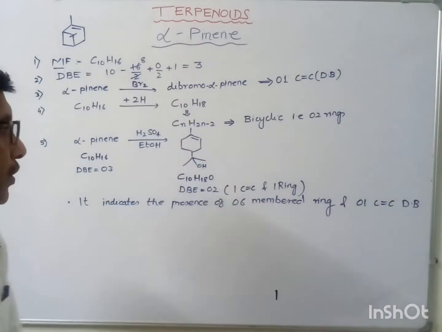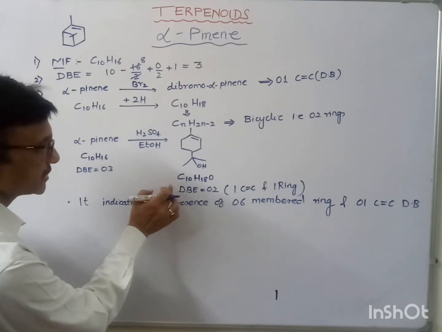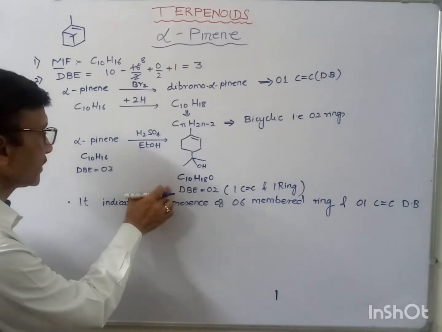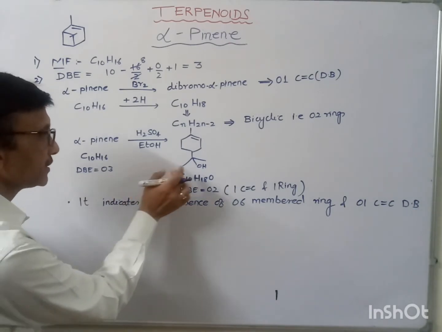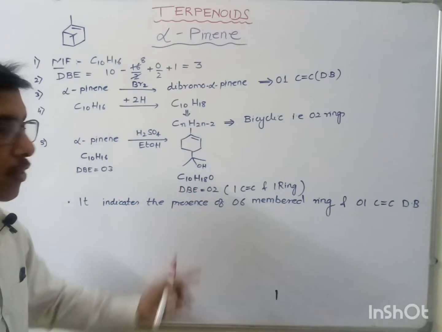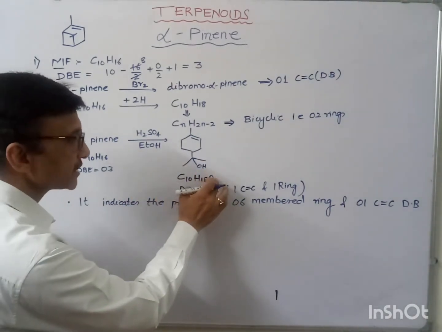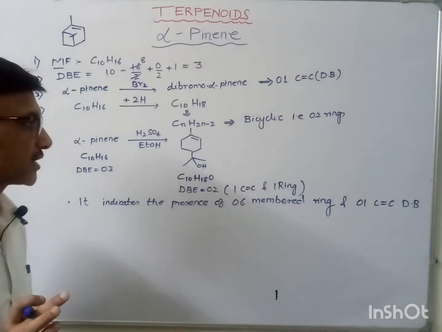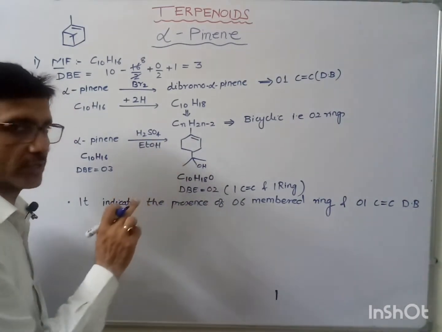Next, as this one is monocyclic and this one is bicyclic, an OH group is also present, and this formula contains oxygen. So it was proved that this oxygen corresponds to one OH group, and this is a tertiary OH group.